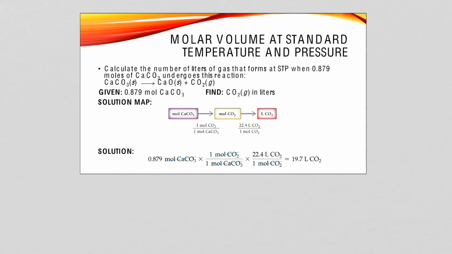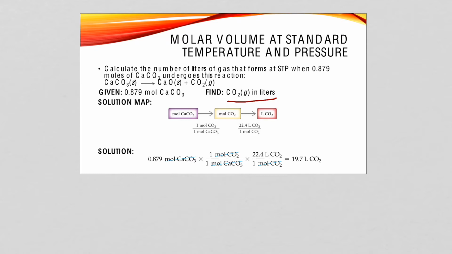So we have calcium carbonate, 1 mole, yields 1 mole of calcium oxide plus 1 mole of carbon dioxide gas. The problem wants to know how many liters of gas. So what we're finding here is the liters of carbon dioxide, that's the gas.